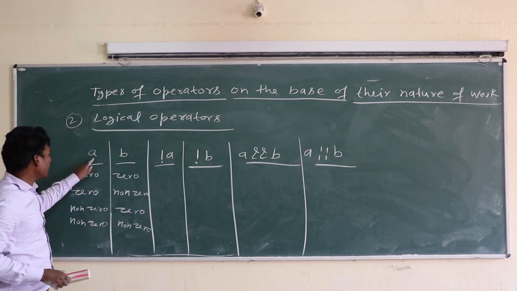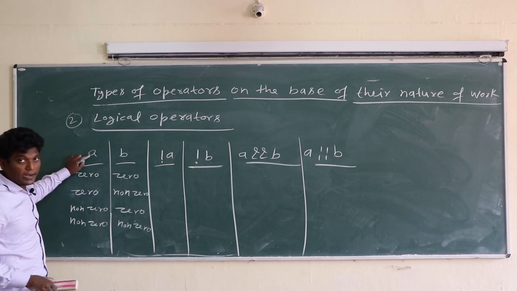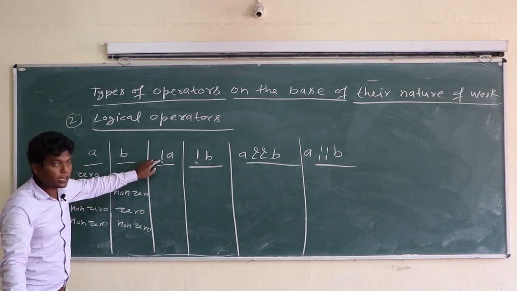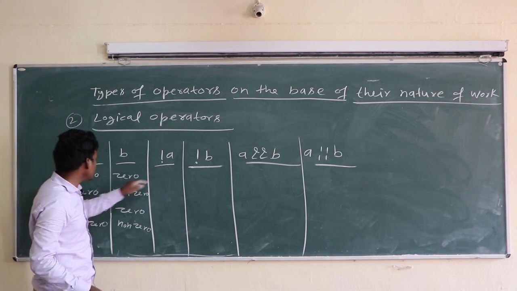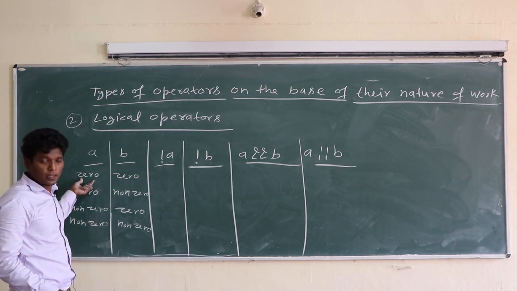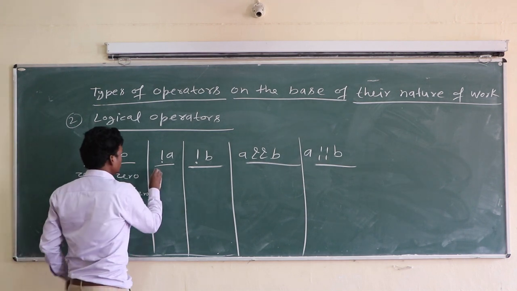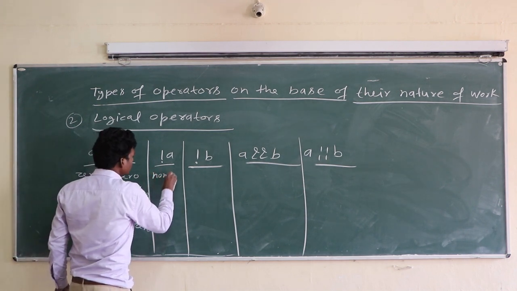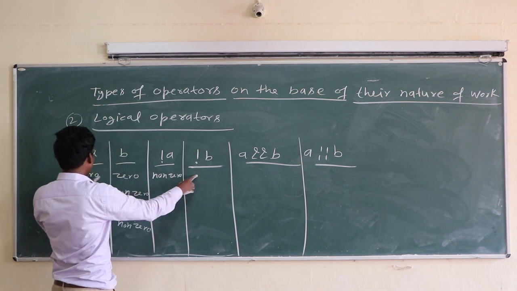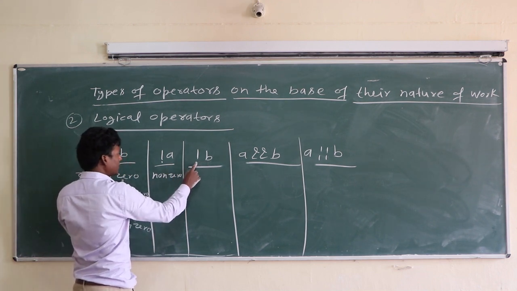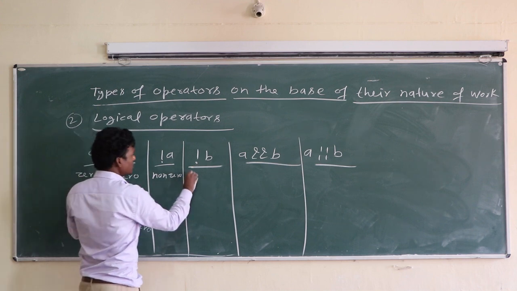Class, this is A, the operand is A and the operation is logical NOT. So NOT A means just the reverse of 0. The complement of 0 is non-zero, so the result will be non-zero. And for B, apply the logical NOT, so 0 becomes non-zero.